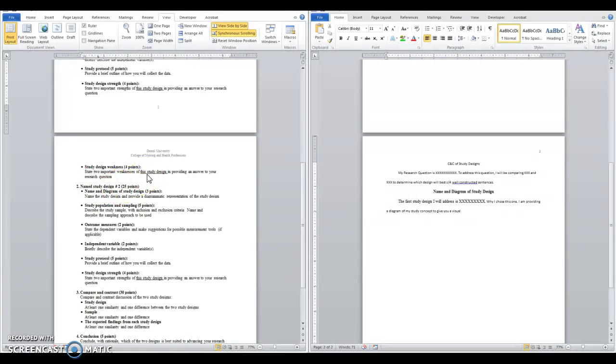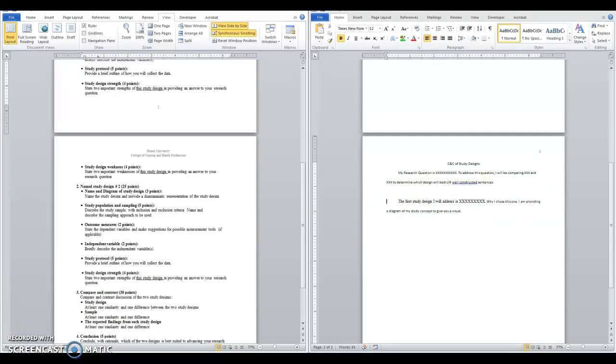You can then just label that entire section name study design. Or, if your study design is single case, instead of doing this, you could do this.